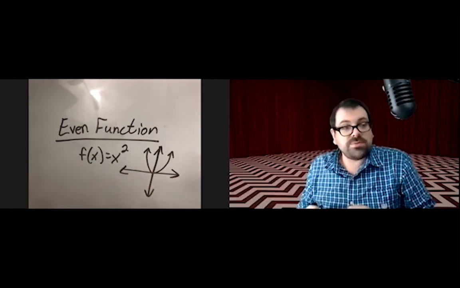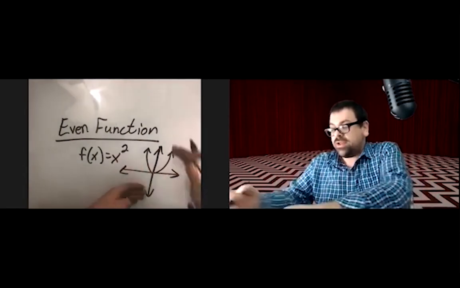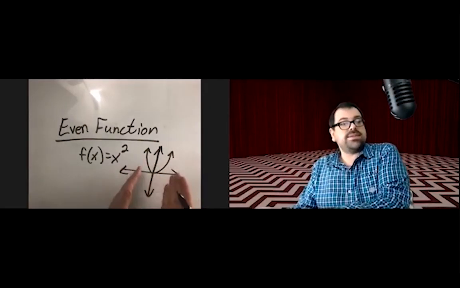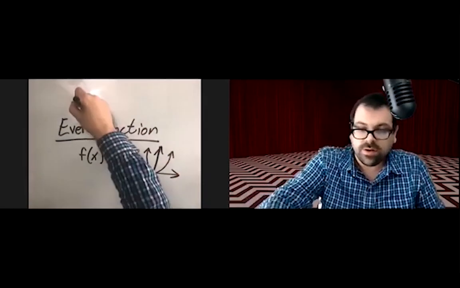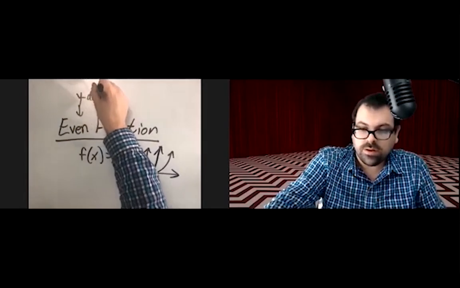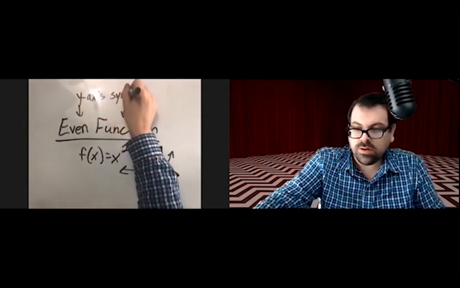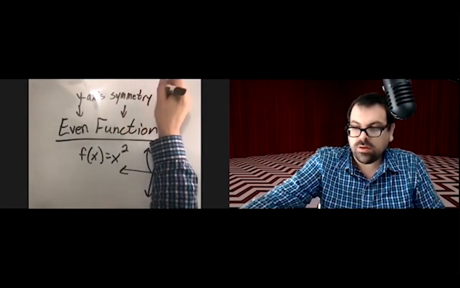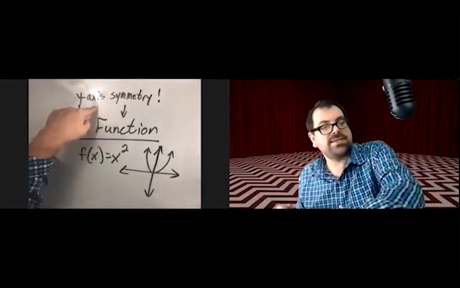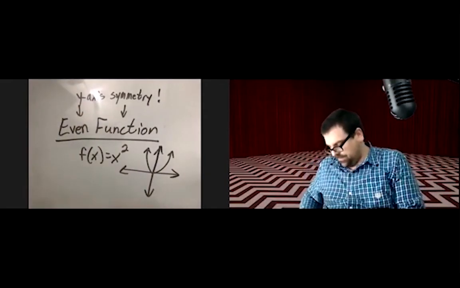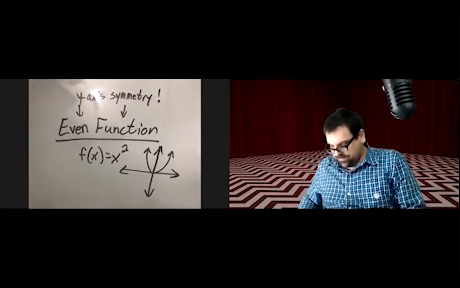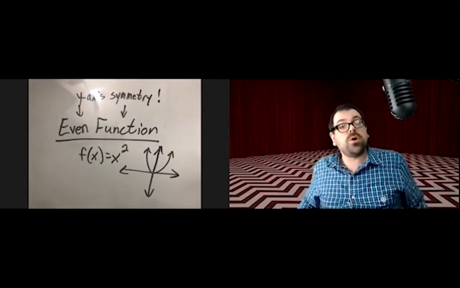It's not origin symmetry. It's not x-axis symmetry. It is y-axis symmetry. So an even function has y-axis symmetry. So from now on, we just know that.